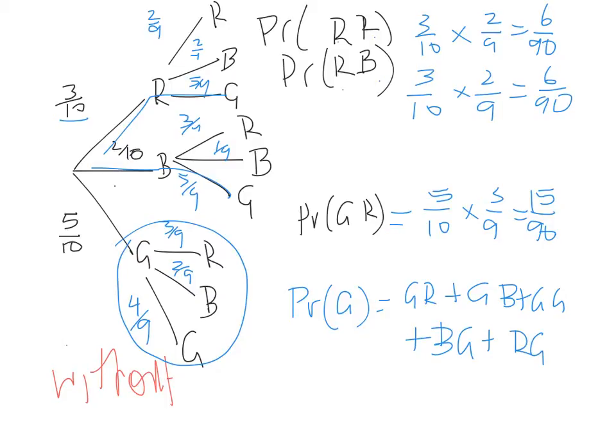And of course, it's plus because we're looking to make it green. We could have green and red, or green and blue, or green and green, or blue and green, or red and green. And then for that to happen, we've got to multiply. So I won't show you how to do that because we've already gone through that.